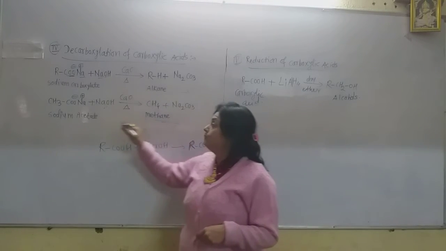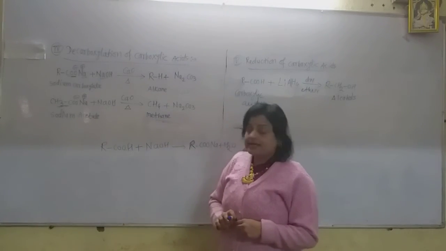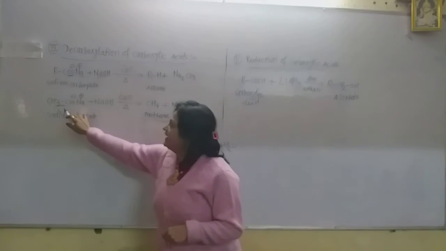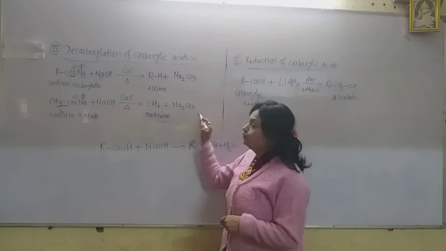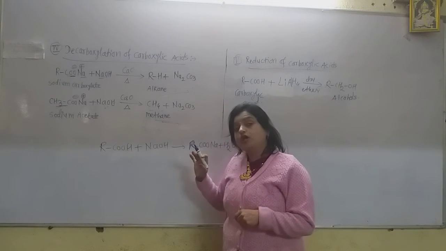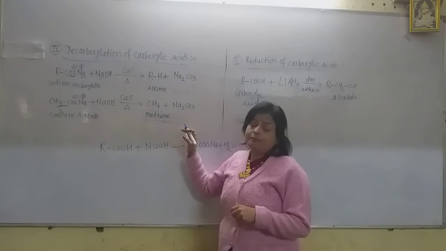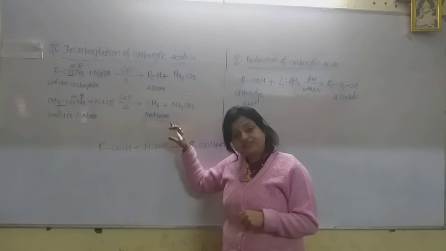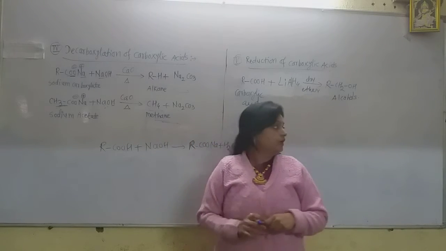Here there is formation of methane: this CH3 group gets this hydrogen, and there is formation of CH4, and this 2Na and this COO and this O form the Na2CO3. In this way, this is a very useful method for the preparation of alkanes, paraffins, that means less reactive. This reaction can be used to prepare the fuels, that is, alkanes are very good fuels.